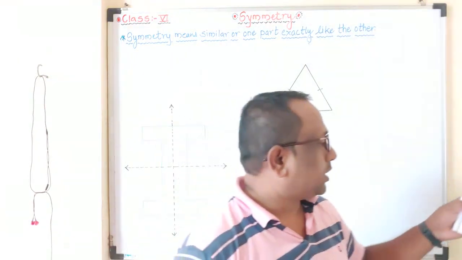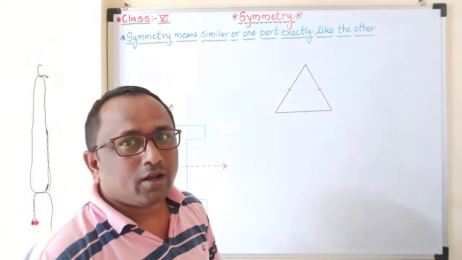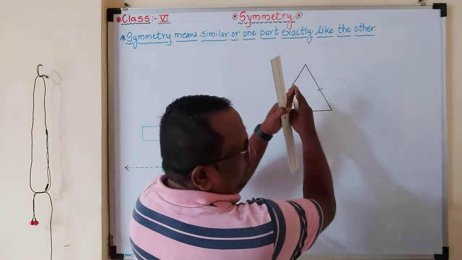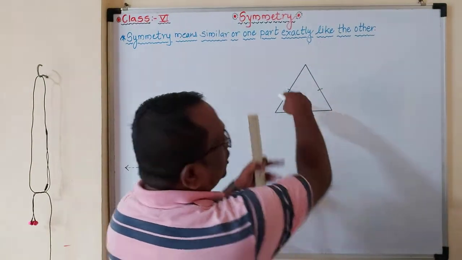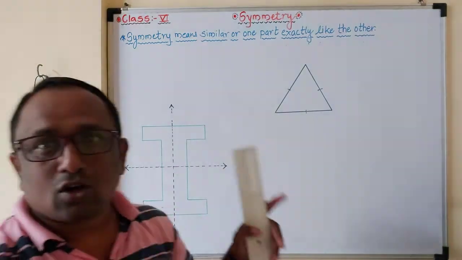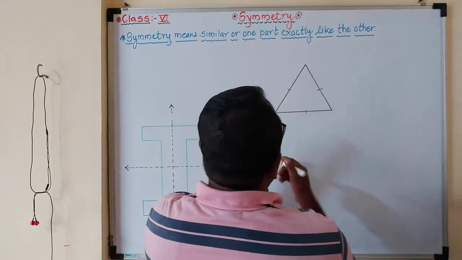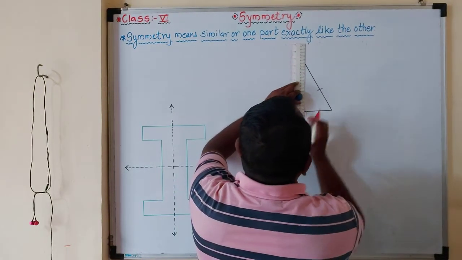Now, as a second example, I will draw a triangle here. See how we can draw. If we fold this way, and this way also, because this is an equilateral triangle, all sides or all arms are the same. So if I fold, it also gets an axis of symmetry like this.